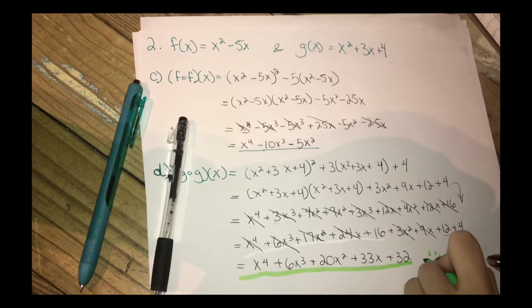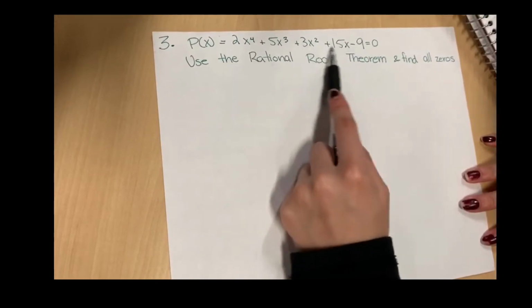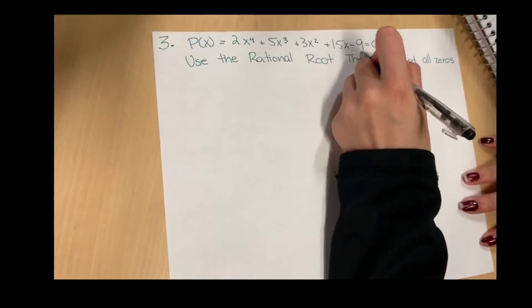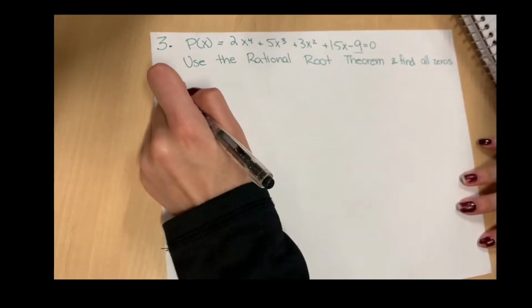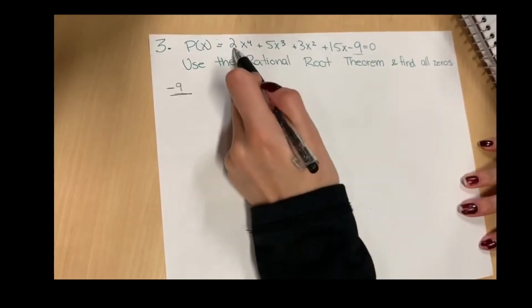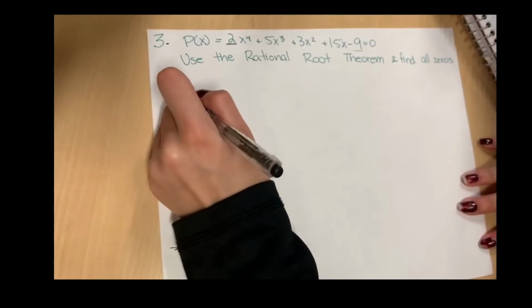For problem number 3, it is asking us to use the rational root theorem and find all zeros from the function p(x) = 2x^4 + 5x^3 + 3x^2 + 15x - 9 = 0.